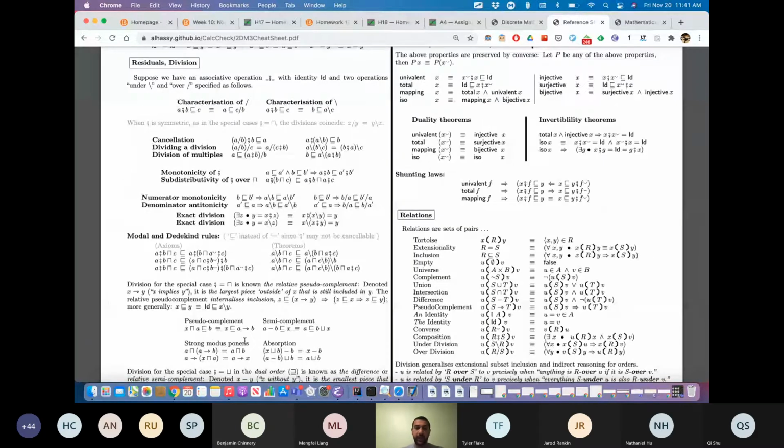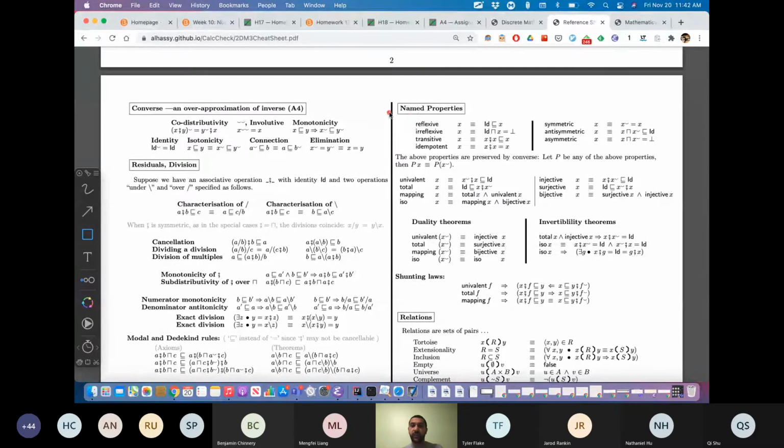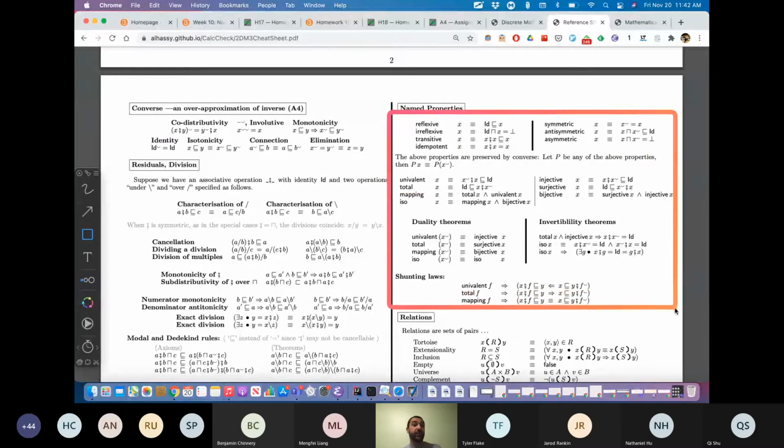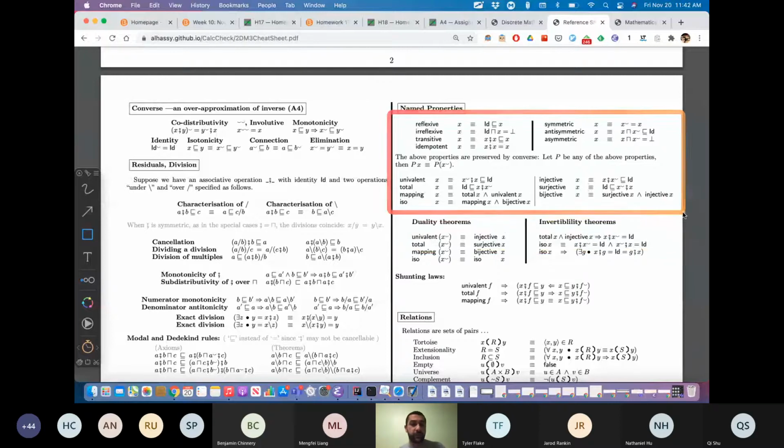Okay, so pseudo complements are a kind of division. A difference is a kind of division, right? So we just squeeze the relevant properties here. So the Dedekind laws are here as well, and the other ones that you will see in assignment 4. Right? So just trying to squeeze a lot of stuff here, so it's easy for you to refer to. Likewise for all these names that you're going to encounter in homework 18 and assignment 4. So just a handy dandy reference, hopefully.